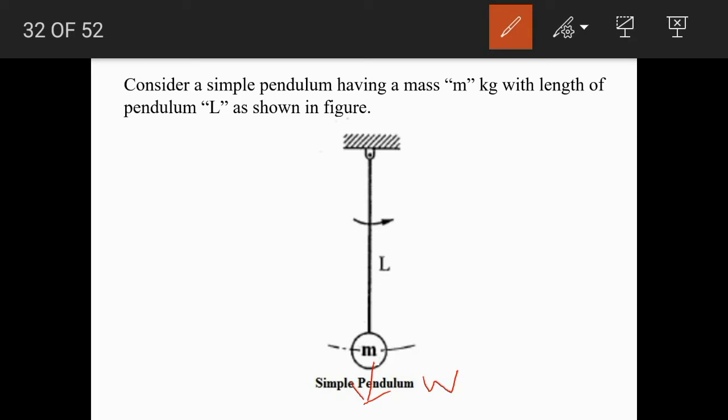In the opposite direction, the tension would be induced in the string or pendulum, let it be T. Initially this system is in static equilibrium, so both forces, tension T and weight mg, have the same line of action and same magnitude but opposite sense.